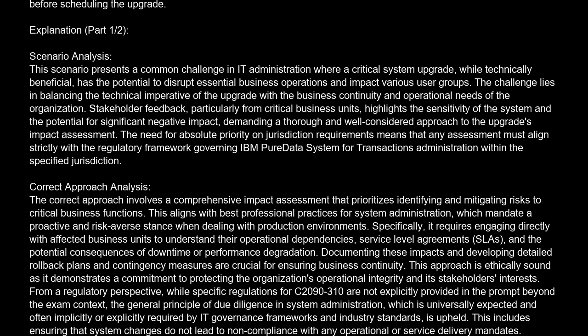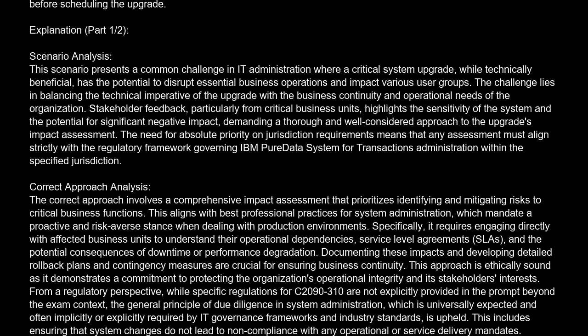Correct approach analysis. The correct approach involves a comprehensive impact assessment that prioritizes identifying and mitigating risks to critical business functions. This aligns with best professional practices for system administration, which mandate a proactive and risk-averse stance when dealing with production environments.